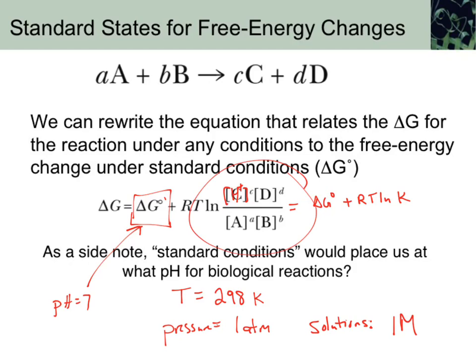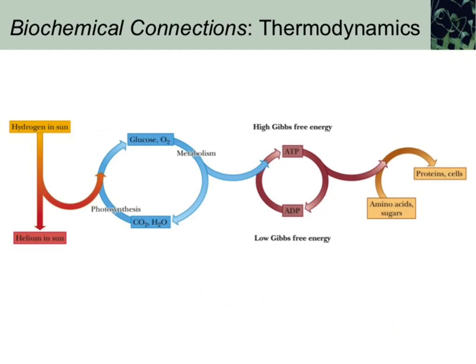So delta G naught is based on a pH of 7, or a molarity of 10 to the negative 7, and it's really dependent on your magnesium concentration. There's a defined magnesium concentration. So just be aware of those two major changes when we're looking at biochemical systems versus standard systems.